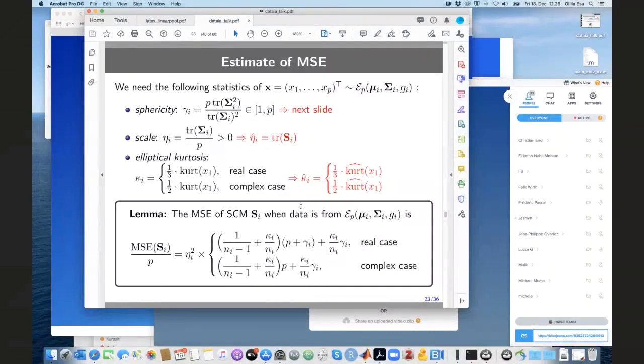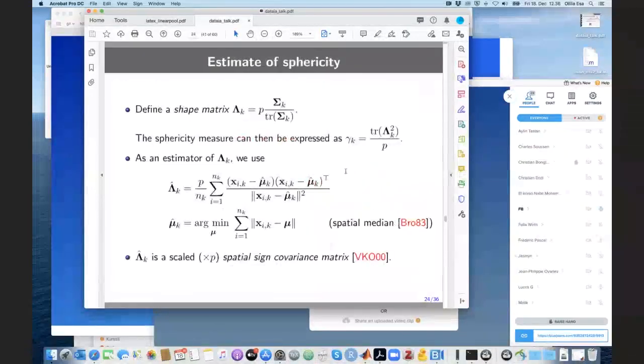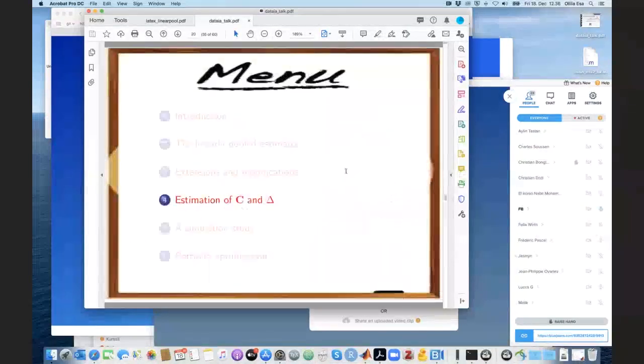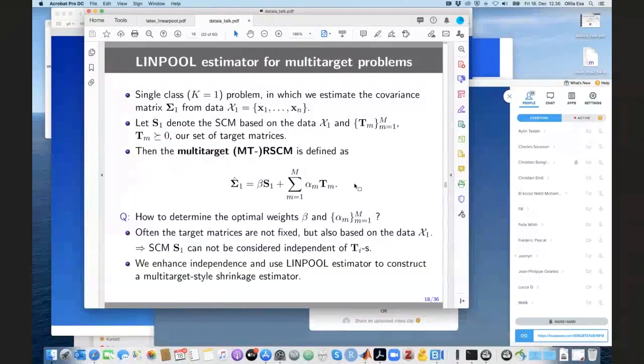Any other questions? Yes, maybe. Can you hear me? Yes, perfect. First, thanks, Esa, for the talk. I had a question about slide 18 or 19. When you have several matrices, you take the arithmetic mean of them.